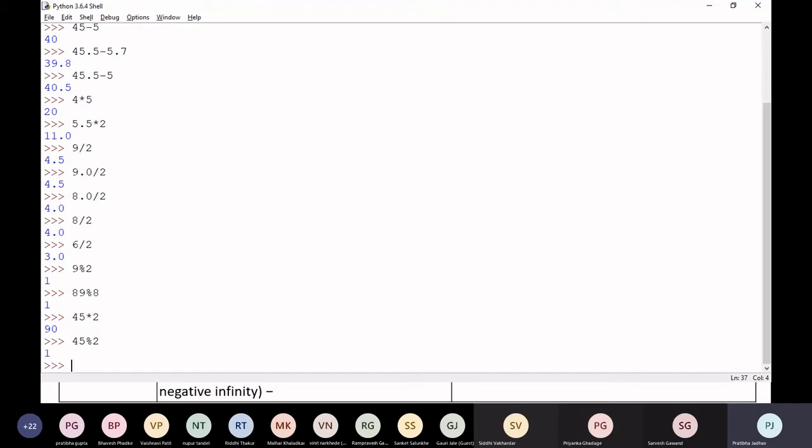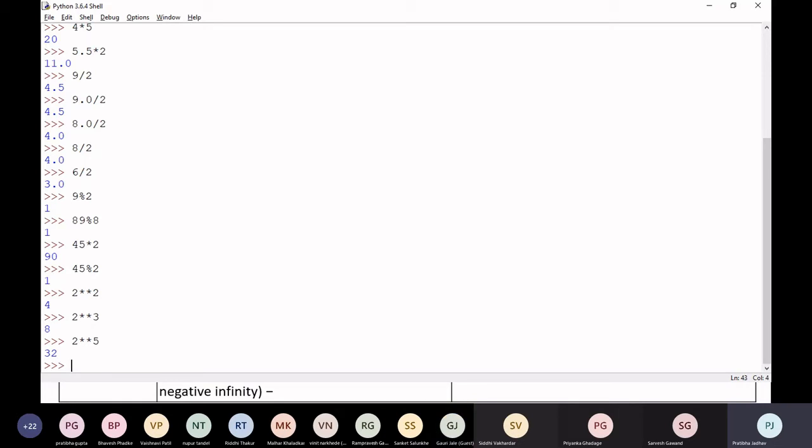Then next is double asterisk. Double asterisk is used for the exponential. 2 double asterisk 2, what is the meaning? It is going to display 2 raised to 2, that is 4. 2 raised to 3, that is 8. 2 raised to 5, that is 32. Okay, exponential.